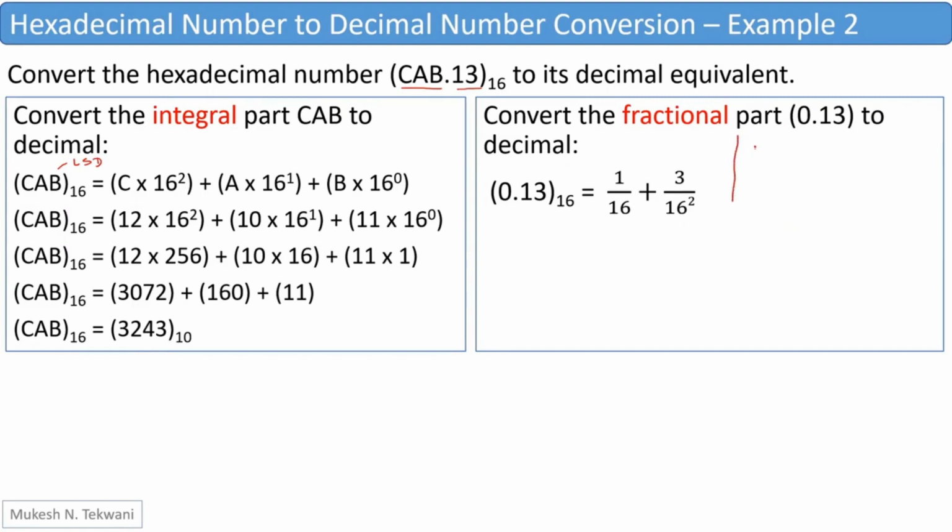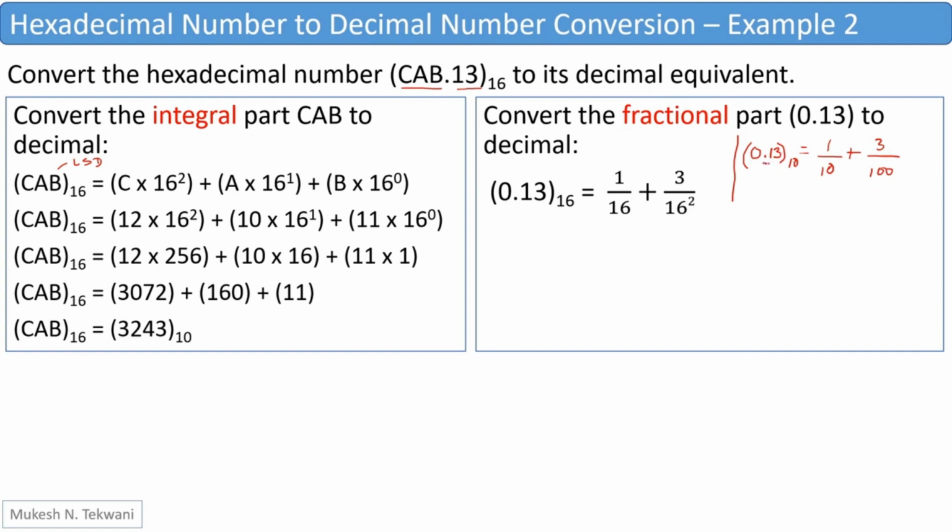If we had a number in the decimal system 0.13, then we know that this could have been written as 1 over 10, plus 3 upon 100, right? So this is the same logic we are using.